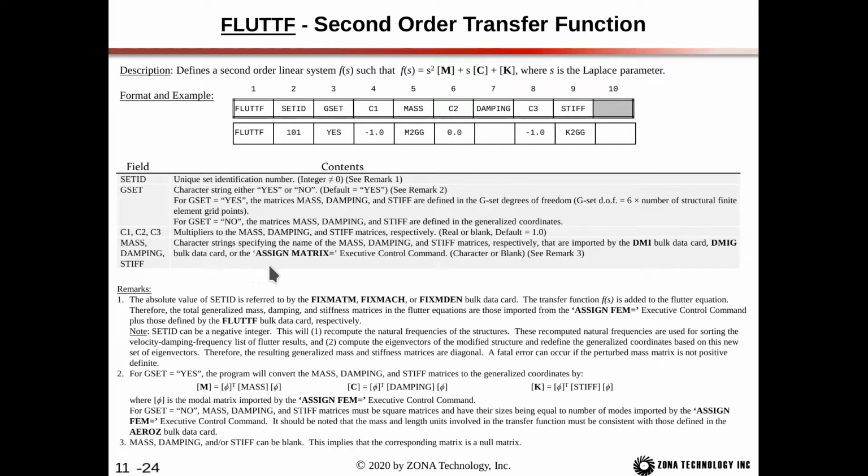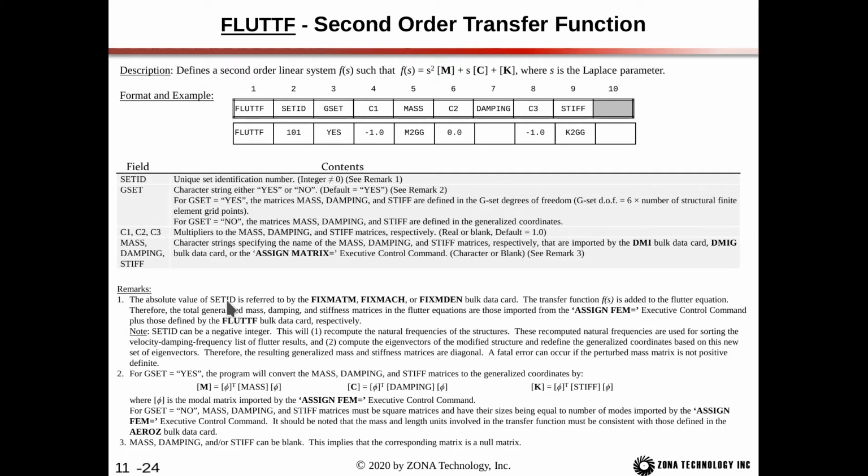These refer to the matrix names on the ZEUS runtime database. And you can import matrices onto the ZEUS runtime database by using the DMI bulk data card, the DMIG bulk data card, or the assign matrix executive control command. The assign matrix allows you to import a matrix from the output 4 format into ZEUS.